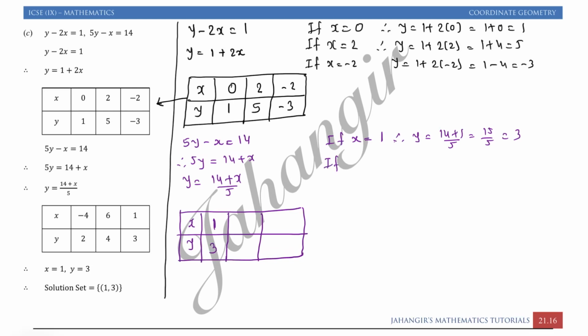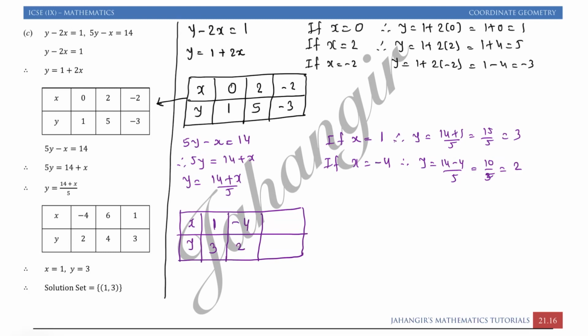Second x value I can take, if x is equal to minus 4. So therefore y will become 14 minus 4 upon 5, that is 10 by 5, that is 2. So if I am taking minus 4, I am getting 2.